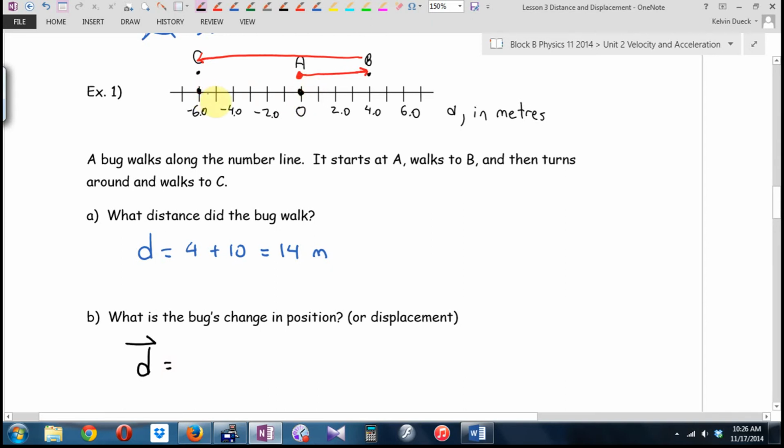We ended here. We don't care about what happened in between. What? You just saw it. What is it? -6. What's the negative telling you? Well, you could also have said 6 meters left. Which one's less writing? Let's use the negative. It's more convenient.